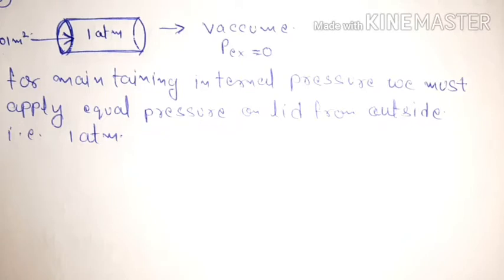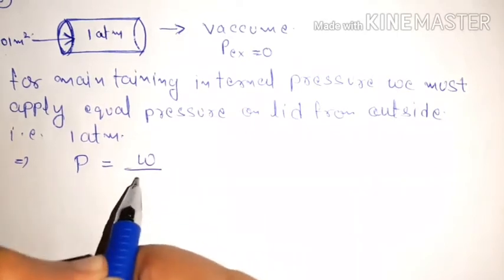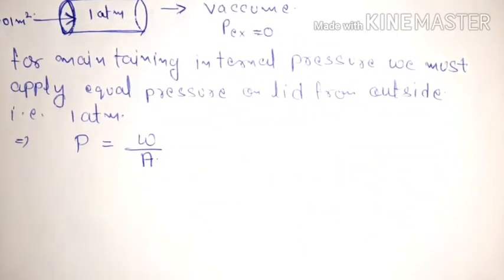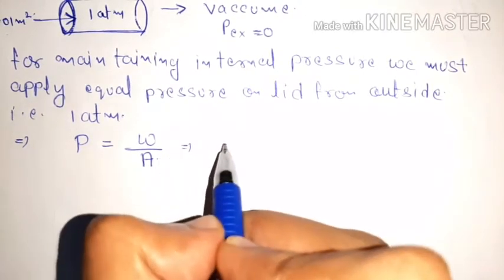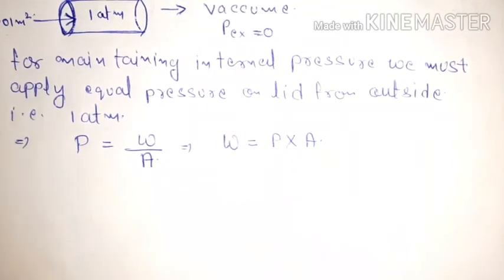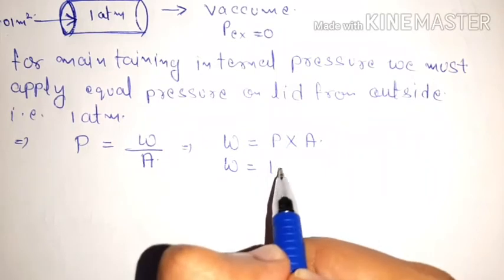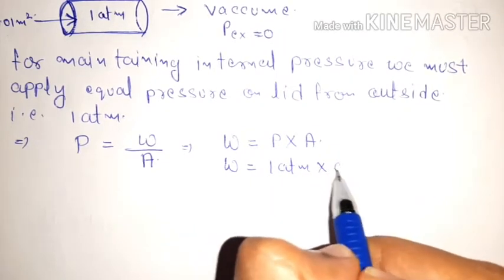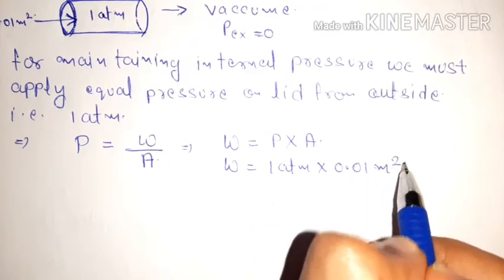Now friends, in physical chemistry we have a very well known relation between pressure, area and weight. That is, pressure is equal to weight upon area. So here you must find the value of weight. So weight is equal to pressure into area. So weight is equal to 1 standard atmospheric pressure times area 0.01 meter square.